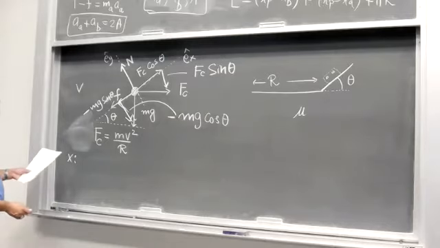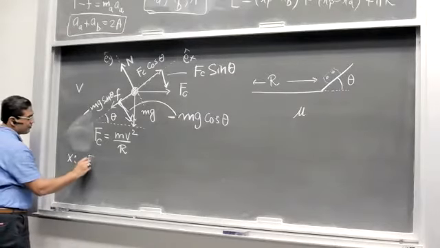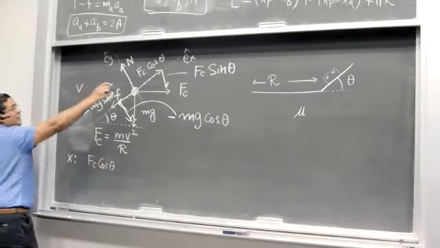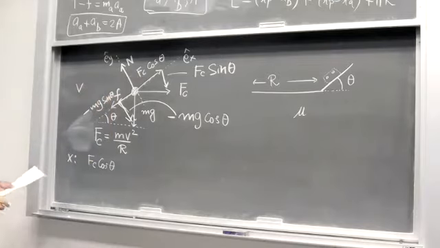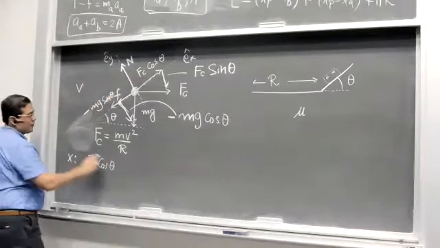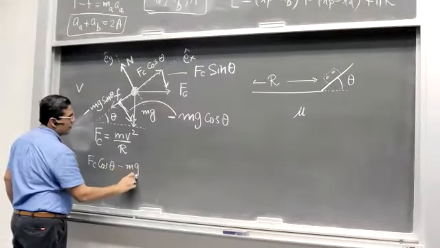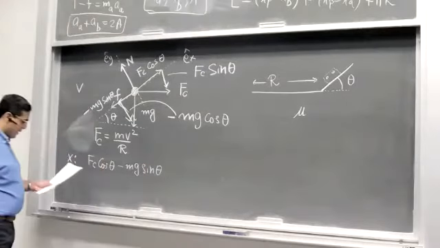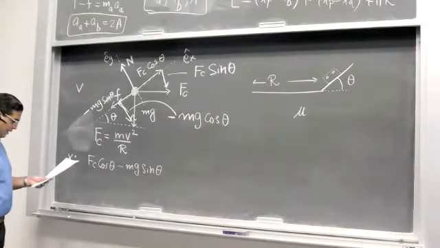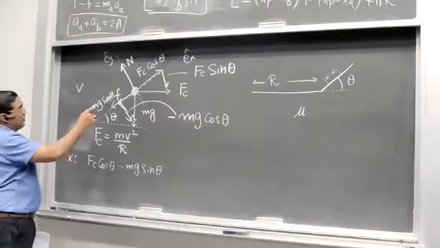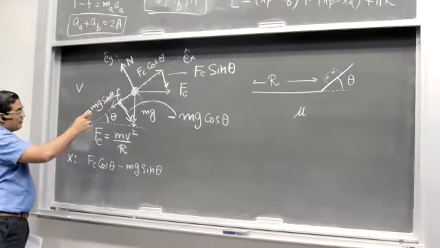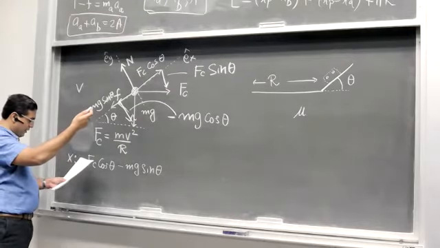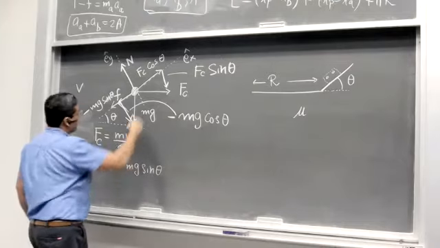We have Fc cosine theta, positive x-axis, this force, minus mg sine theta, this force, the weight along the surface of the bank, and the force of friction opposing, let's say the force of friction is also minus, okay, is in this direction.